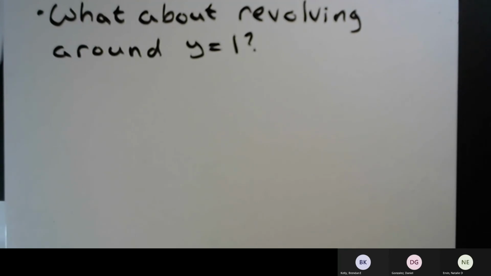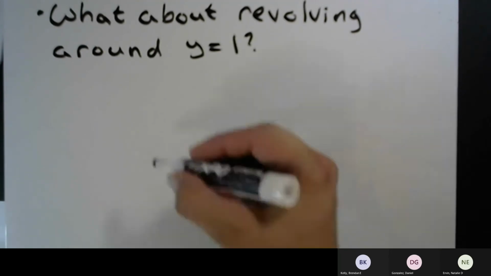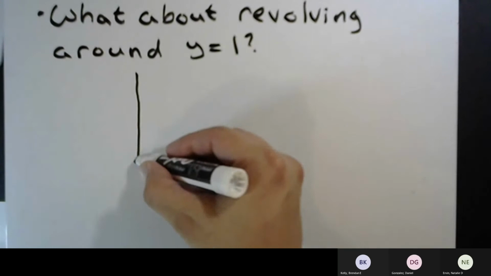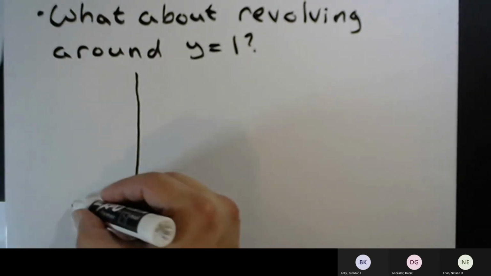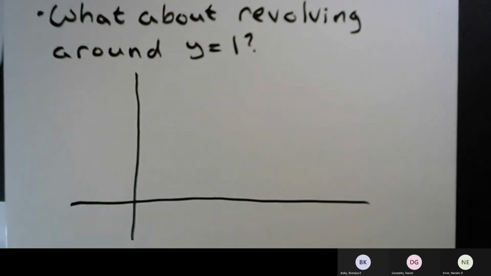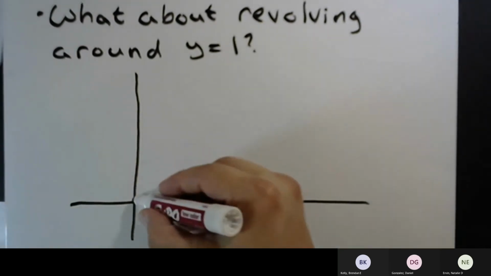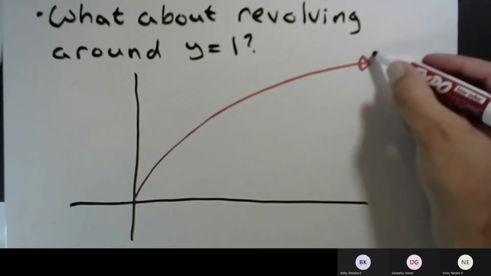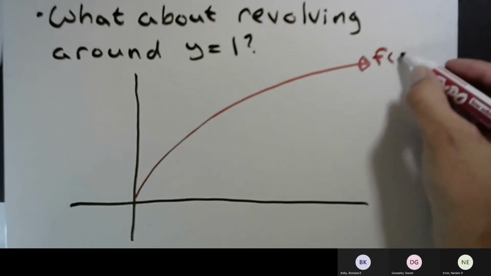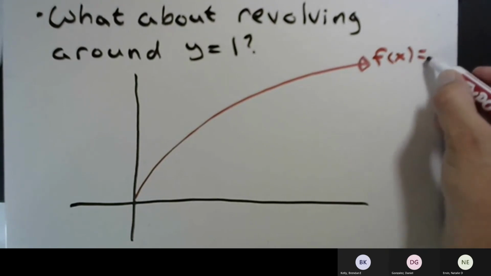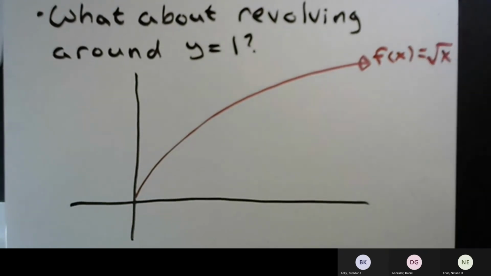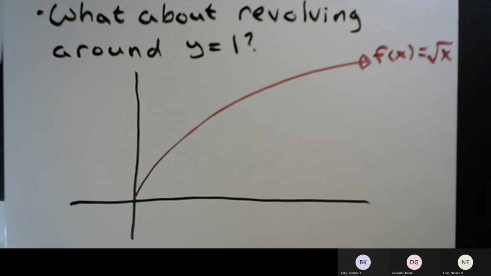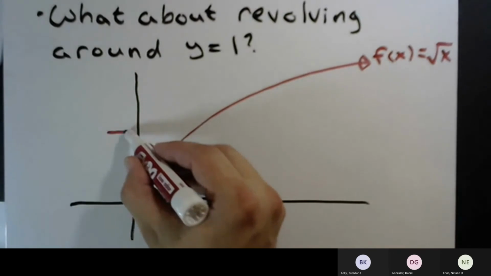Well, again, we want to picture what's going on. So let's draw this in. Here's our, I'll call it f of x here, because it's not going to be the radius anymore. And let's say we have our y equals 1.